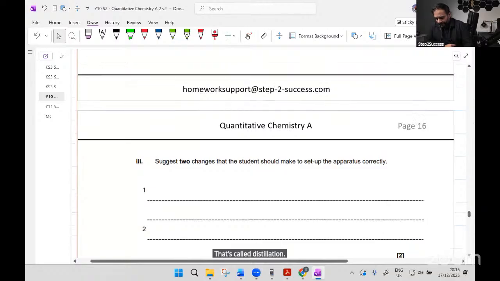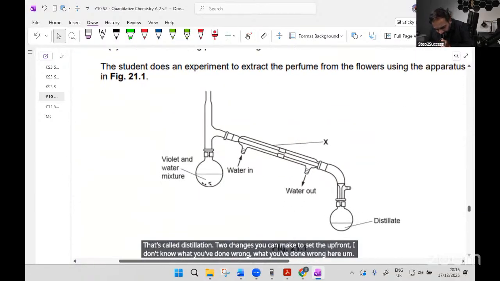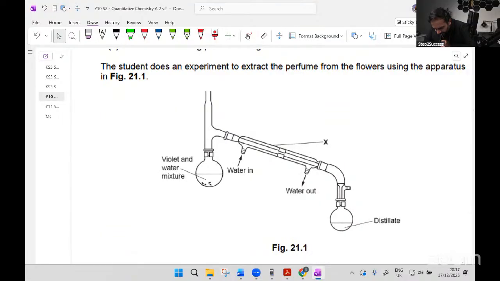Two changes you could make to the apparatus. I don't know what you've done wrong. What have you done wrong here? Okay, I mean, this is ridiculous, this question.